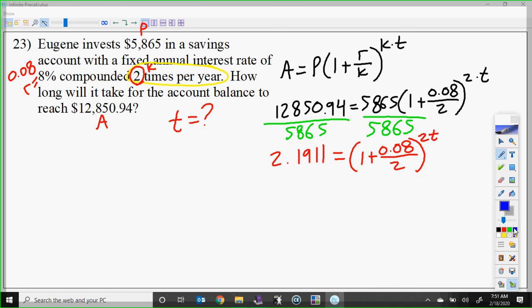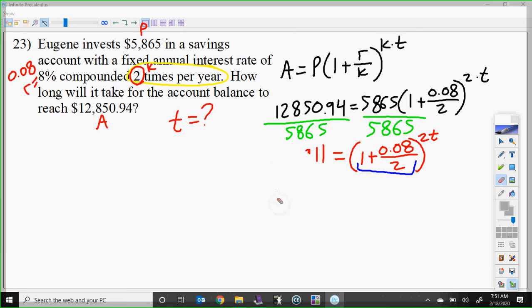Alright, and so I have it in this form now. I need to change it to log form, and there's nothing I can really move, so I'm going to change it to log form right now. Well, actually, I'm going to simplify it just slightly before I change it to log form.